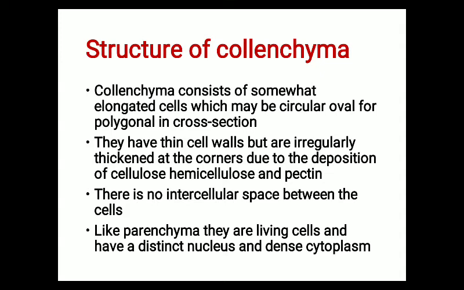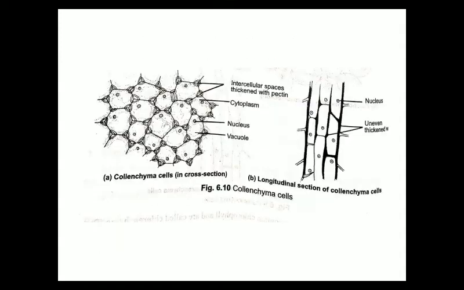So this is a very important point. The cells of the collenchyma show deposition of cellulose, hemicellulose and pectin. There is no intercellular space between the cells. Like parenchyma, they are living cells and have distinct nucleus and dense cytoplasm. So this is the structure of the collenchymatous tissue.